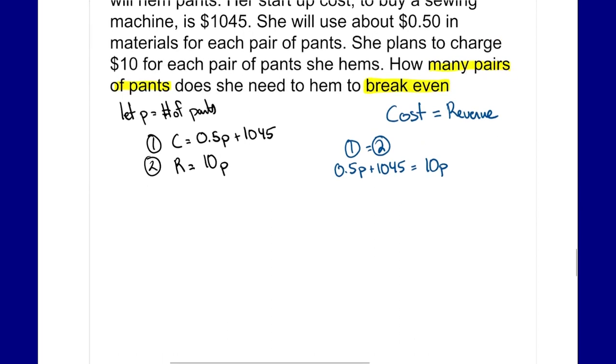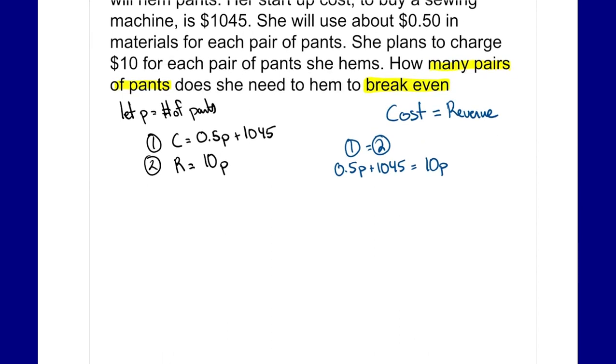We can go through and solve that now. So we can solve for P. 0.5P plus 1,045 equals 10P. I want to get all my variables on one side, so I'm going to move the 0.5P to the other side. 1,045 stays the same.